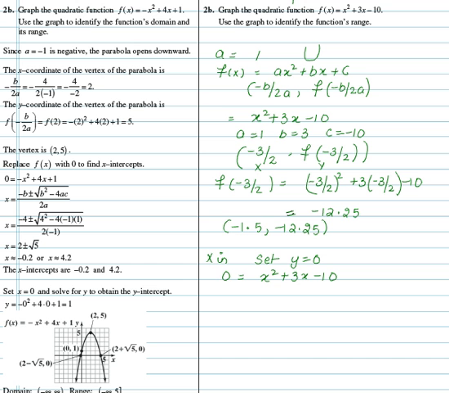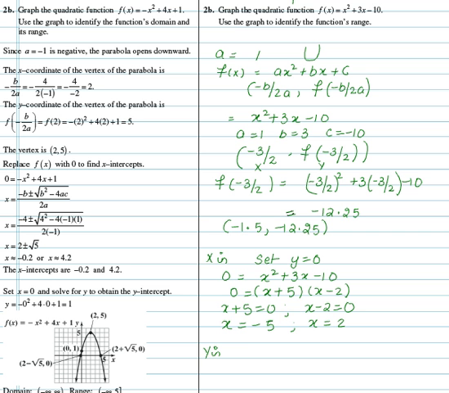So I'm trying to find the factors of negative 10 which add up to 3. (x + 5)(x - 2) = 0. So I get x + 5 = 0 and x - 2 = 0. So x is equal to negative 5 and x is equal to positive 2.